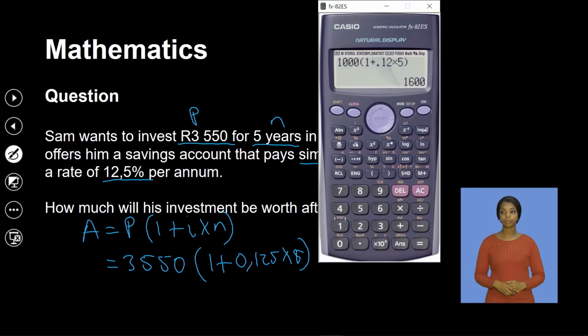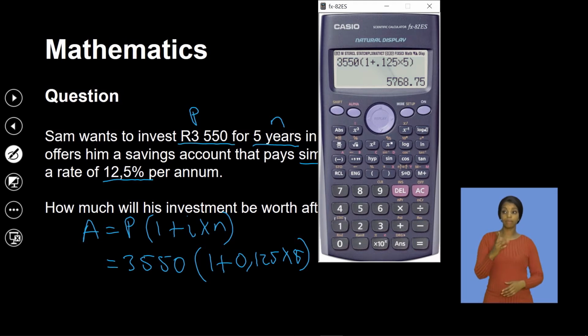Then let's just quickly go to the calculator and see exactly what this means. So I will have 3,550 at an interest of 12,5 multiplied by the 5 years. And then that's how much Sam is going to have after 5 years of saving that amount.